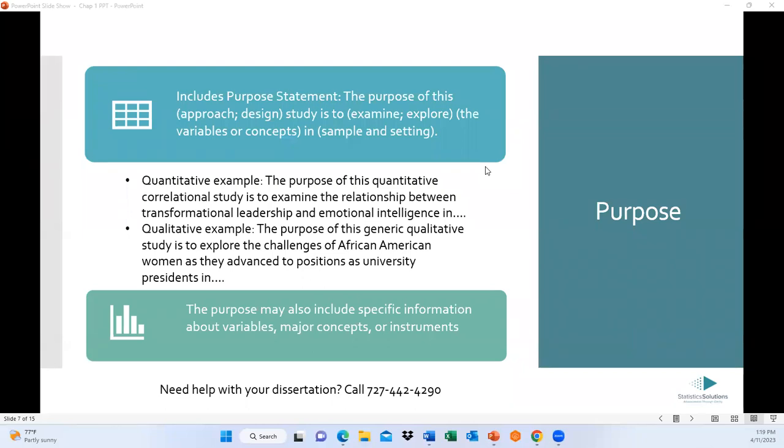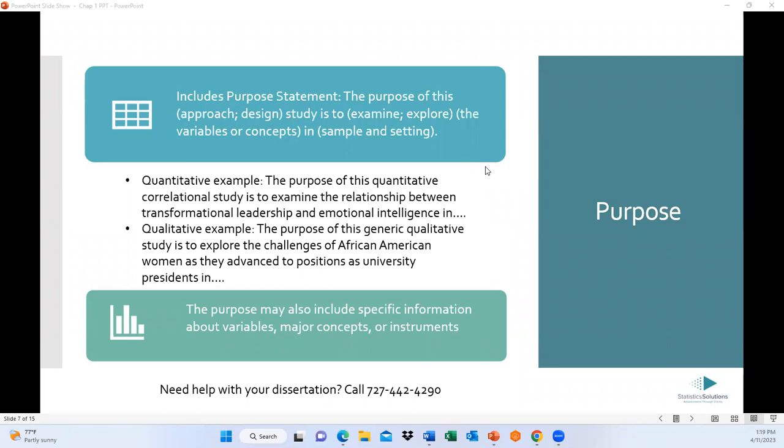So you see it has this very specific construction, which is helpful because you can just kind of paint by numbers here.